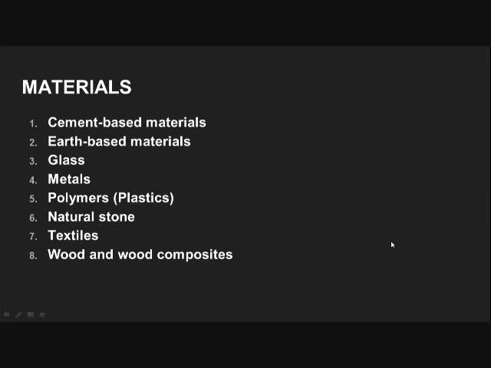Materials used in interior finishings are a wide variety. We'll mention some of them. First, we have the cement-based materials. These are materials that are developed from cement components. They include tiles, cement surfaces, and so forth.